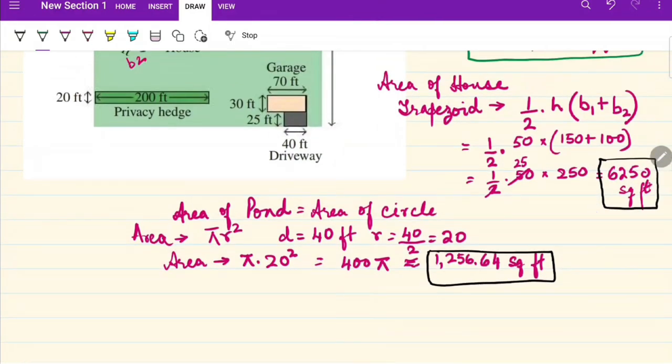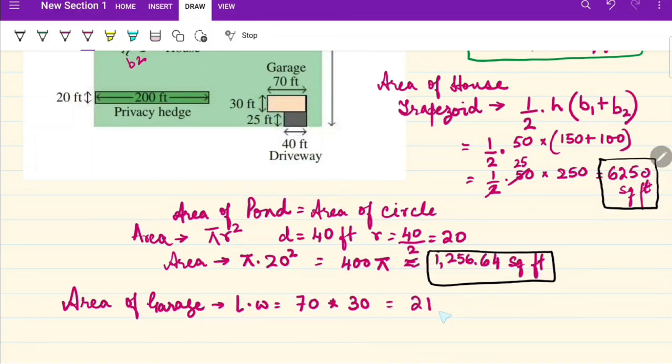Area of the garage. And these are pretty straightforward because they are all rectangular in shape. So it would be length times width. So area of garage is going to be length times width, which is 70 times 30, right? Length times width, which is 2100.